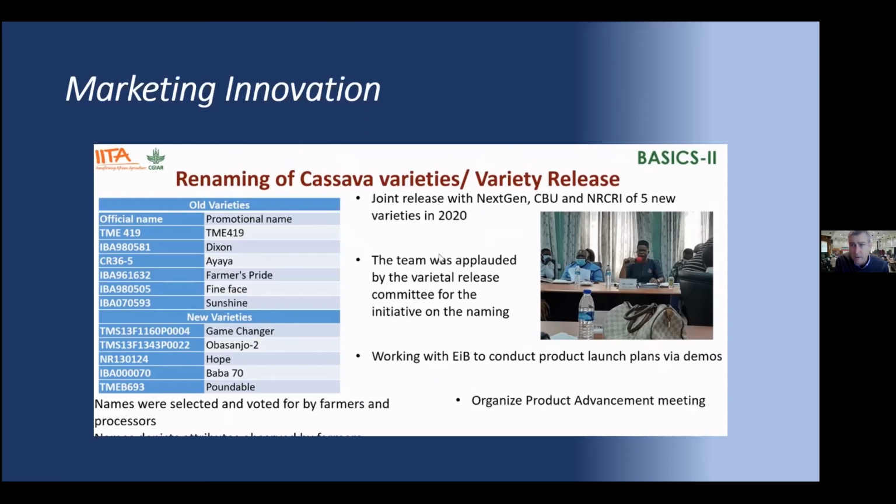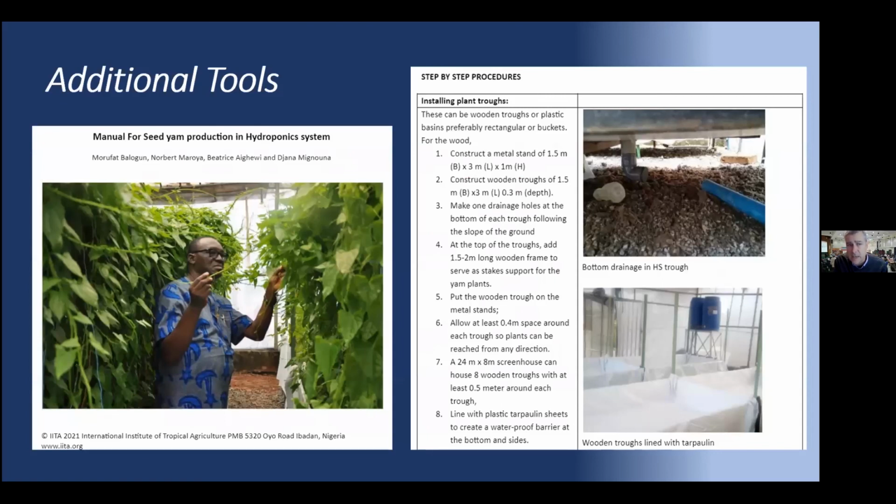And I see there are some, but there's probably room for more to come into the toolbox as we move forward. And I'm citing just this as my final slide. This is an example as an additional type of tool that might be considered for the toolbox in the future. And this is a recently developed manual for seed yam production and hydroponic systems.